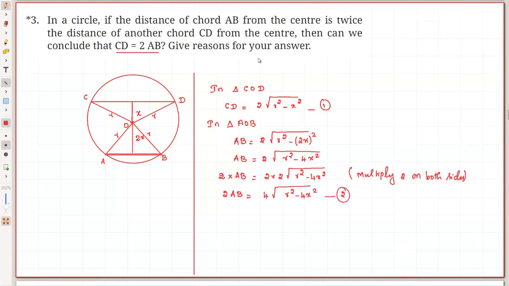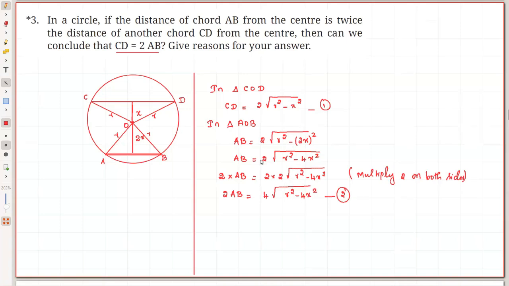Now they are asking, can we conclude that CD is equal to 2 times AB? Are they equal? Compare 1 and 2. Comparing the right-hand sides, here 2 times root R square minus x square, but here 4 times root R square minus 4x square. So they are not equal.